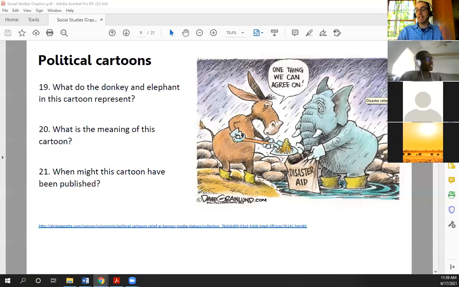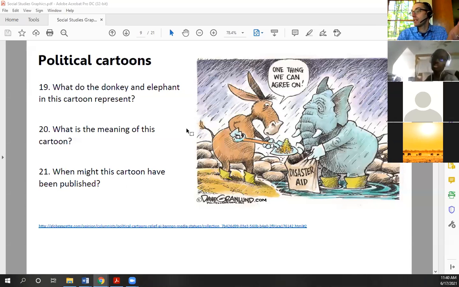You see them on political signs, and certainly in a cartoon, this represents the two political parties. It doesn't represent a donkey and an elephant. It represents Democrats, Republicans. So in a political cartoon, you have to say, not what do I see, but what is being represented.